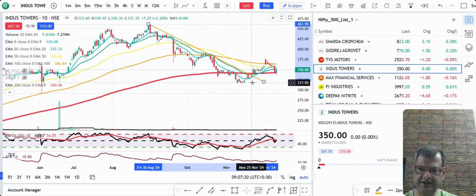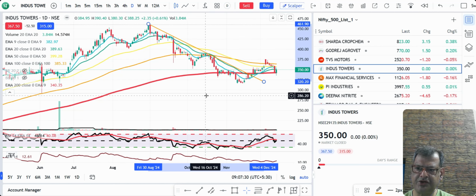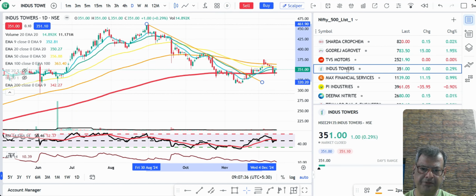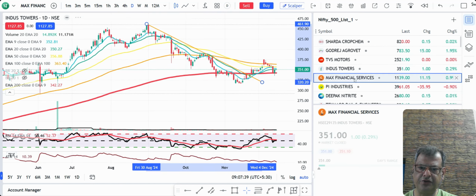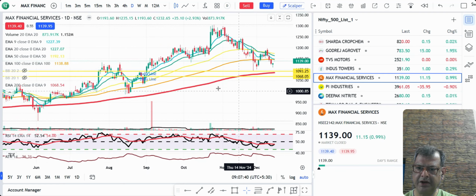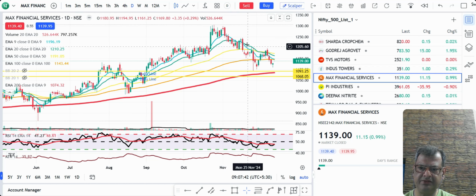So if you see here, this candle has broken through the trend line, but of course you have the EMA 200 here, so I wouldn't suggest you take this one. But I'm just demonstrating how trend lines can help you increase the chances of winning in a trade.